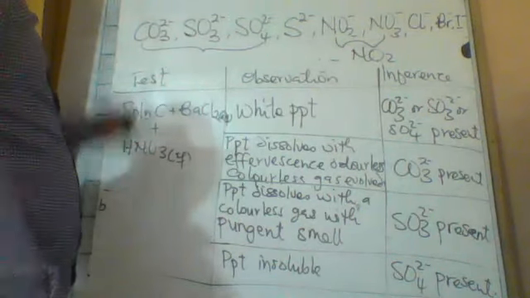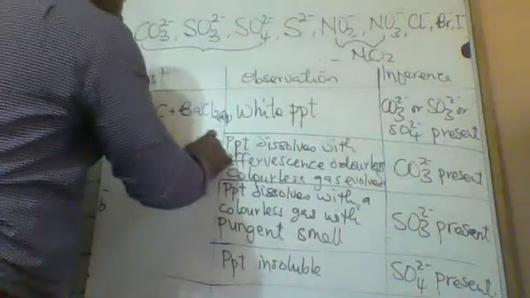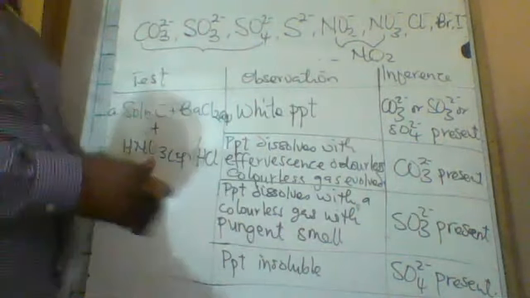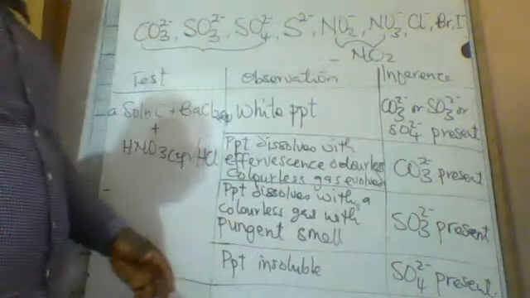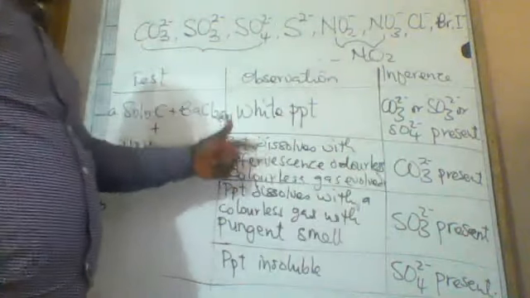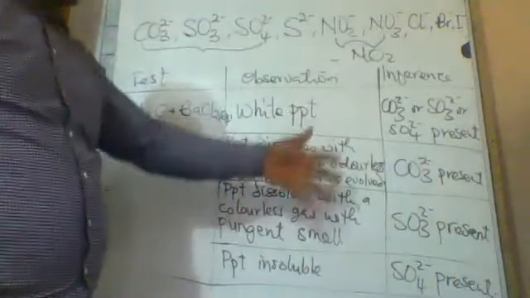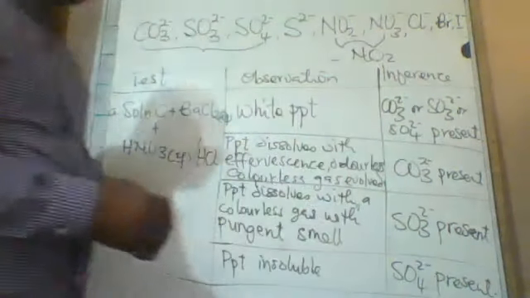So by using HNO3 or HCl, we can differentiate which of the ions is present. If it is carbonate, the PPT will dissolve with effervescence, odorless, colorless gas evolving.